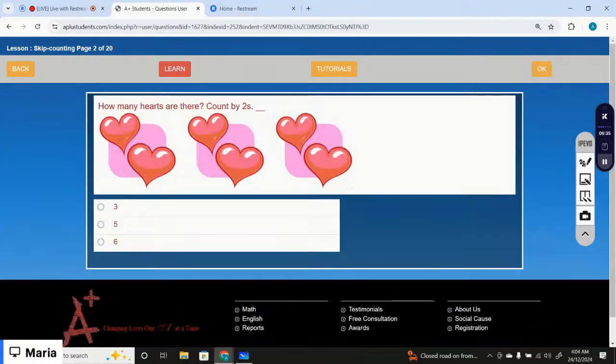Very good. How many hearts are there? Count by twos. So, which is the correct option?